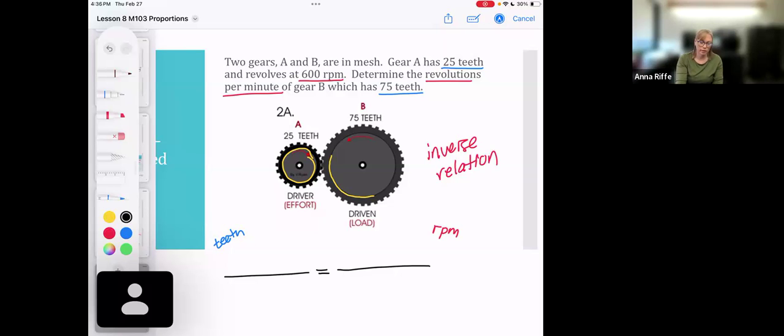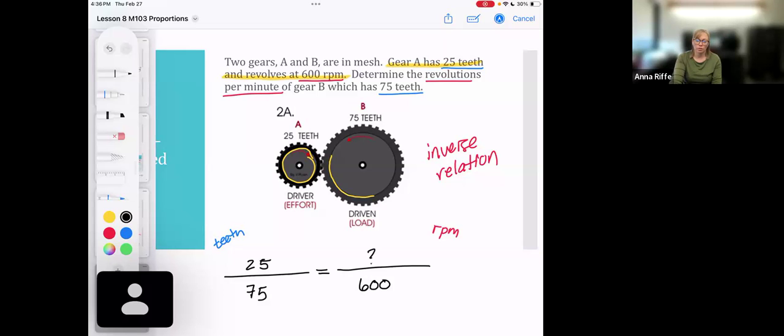So when it's an inverse relation, I'm going to find my known quantity, and that's for gear A. It has 25 teeth, and it revolves at 600 RPMs. Because it's inverse, I'm going to put the 600 in the denominator. The larger gear has 75 teeth.